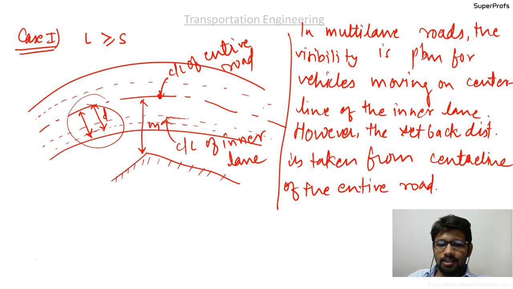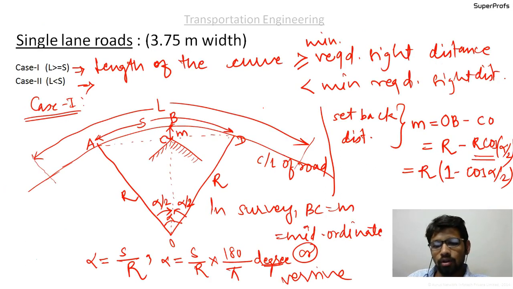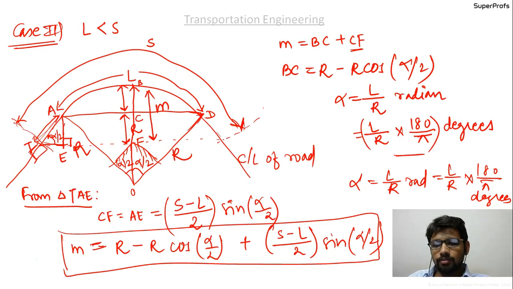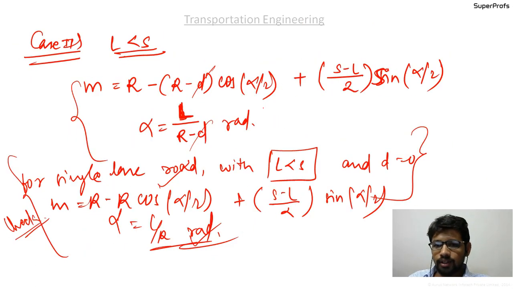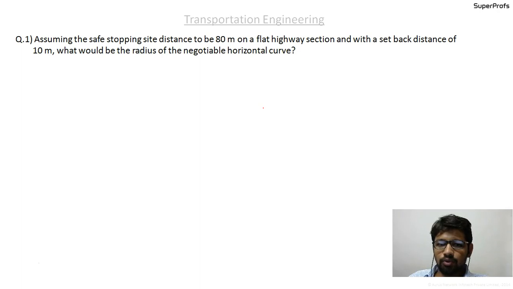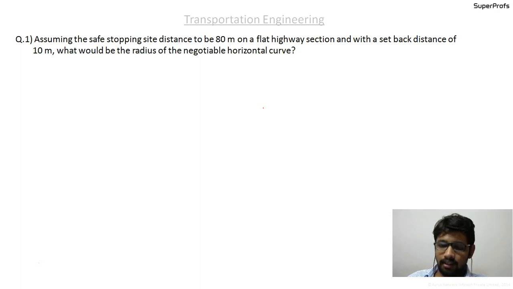A step ahead, if you solve enough practice problems, then everything will be on the tip of your tongue. Transportation engineering is one of the easiest subjects for GATE examinations, and you should not take a chance to lose marks in this subject. There is good weightage for transportation engineering.